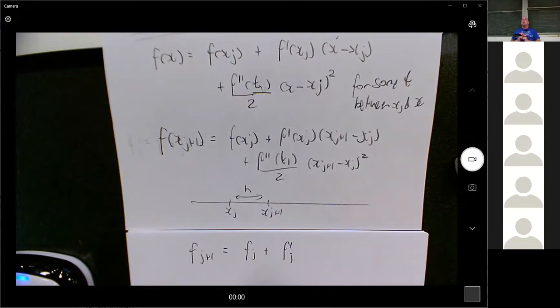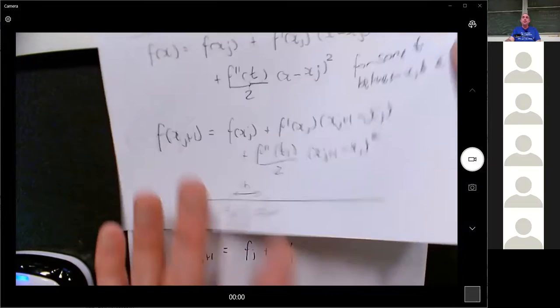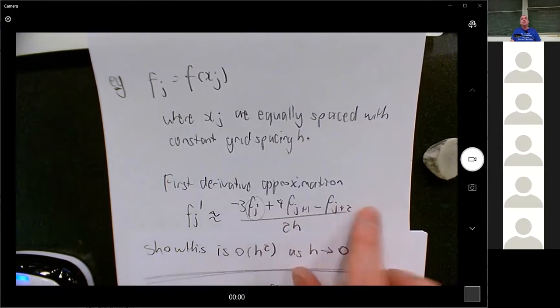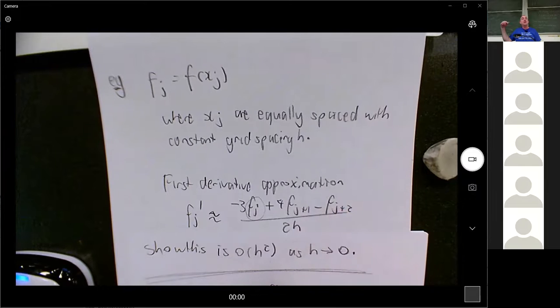Oh, just a second. Wait. We're going to be dividing by h when we do this calculation, and so something that was h squared will become an h, and something that was h cubed is going to become an h squared. We actually have to go to the third one. Sorry about that.